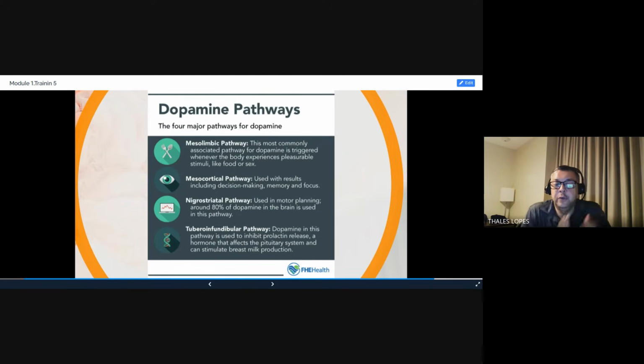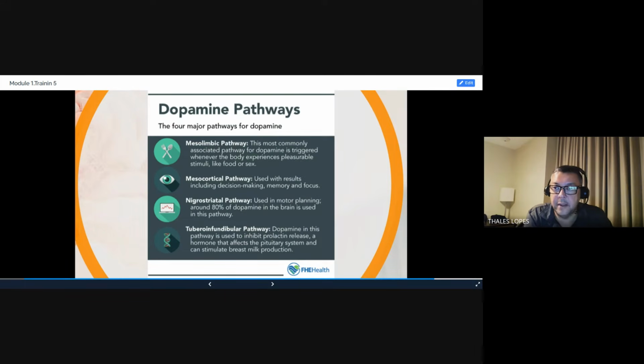In the mesolimbic, too much dopamine itself, not blockade, is postulated to cause psychosis. In the mesocortical, too little dopamine is postulated to cause depression-like symptoms. The nigrostriatal pathway is used in motor planning. 80% of the dopamine in the brain is used in this pathway.